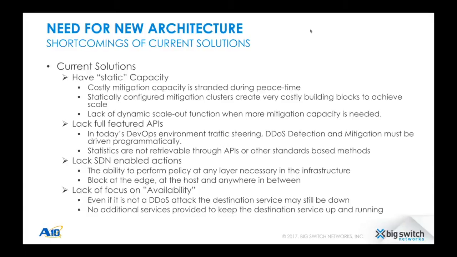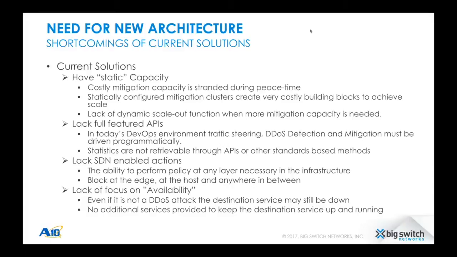Statically configured mitigation clusters are actually really costly building blocks to achieve scale. This sort of goes with the previous bullet point. And then this lack of dynamic scale-out function, as you'll see in the BIGSECURE architecture, means that when mitigation capacity is needed, you have to buy more hardware.